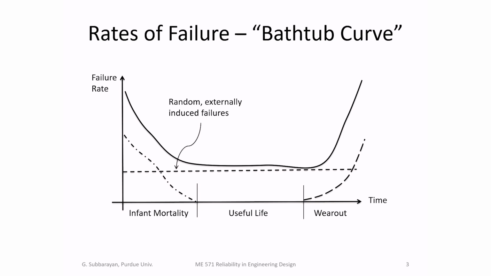Then you have a part where the failure rate is nearly constant, but random, and that is the useful life. And then as the product nears its end of life, you've reached the design life of the product, and you have an increasing rate of failure, and that is the wear out stage. This curve is called the bathtub curve. It has the shape of a bathtub, and this is empirically observed in nearly all products.